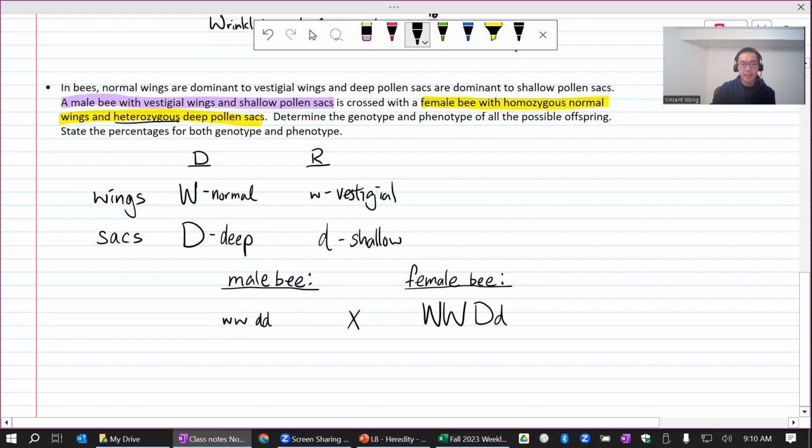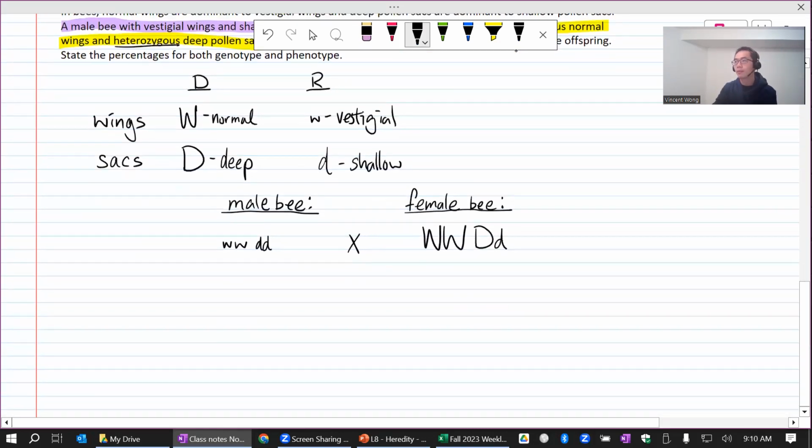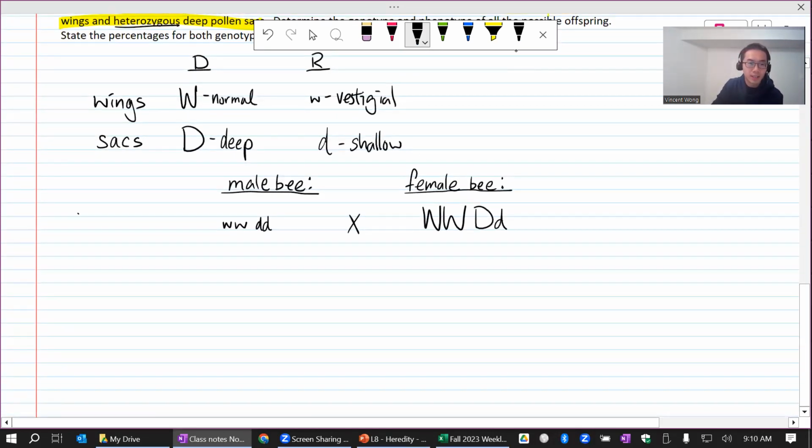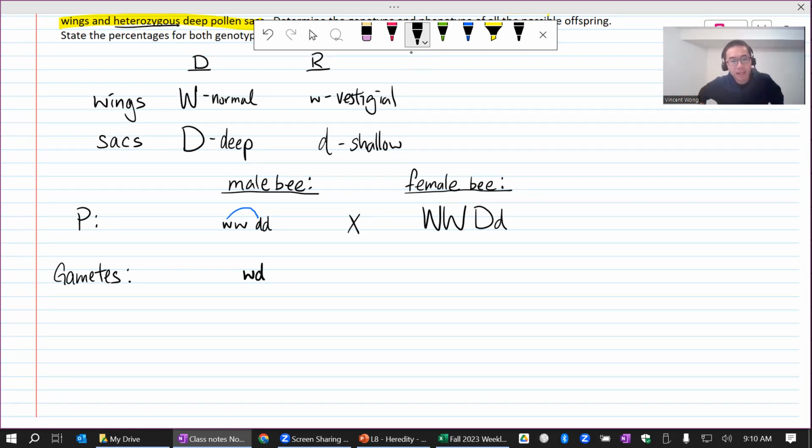They're going to mate and have some baby bees. So that's the parent, P generation. Let's write the gametes. For the male, it's little w and little d, and that's all. Every other combination creates the same thing. I'll put a bar to separate it.